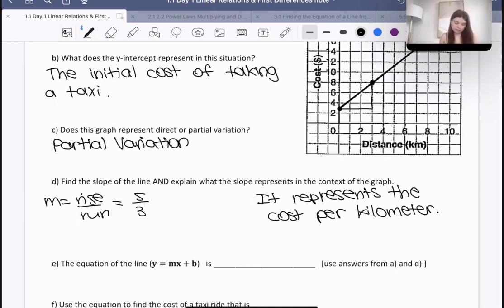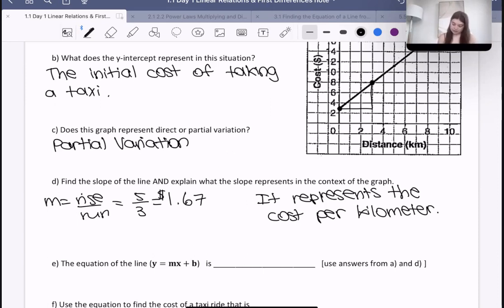So therefore, it costs 5 over 3, which is about $1.67 per kilometer, right? Originally it cost $3, but the slope represents that for every kilometer this taxi driver drives, we must pay the taxi driver $1.67 for their labor and their costs of doing the driving.